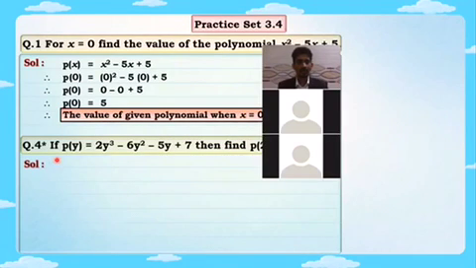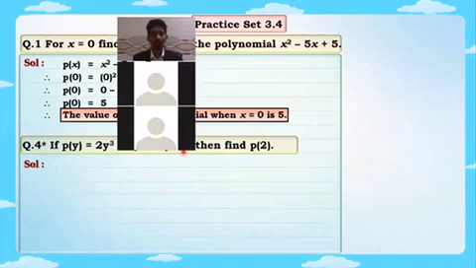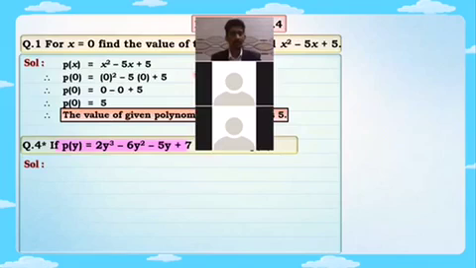The next one, if p of y is equal to, this is a polynomial given to us, we are supposed to find the value of p of 2. p of 2 का value find करना. So for finding the value of p of 2 students, in place of y, we are supposed to substitute what? 2. So that we get p of 2 का answer. Okay. So over here, first of all, we are going to write the given polynomial as it is.